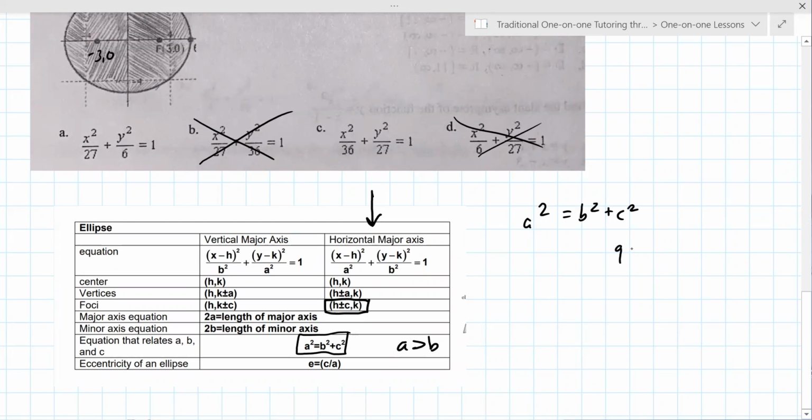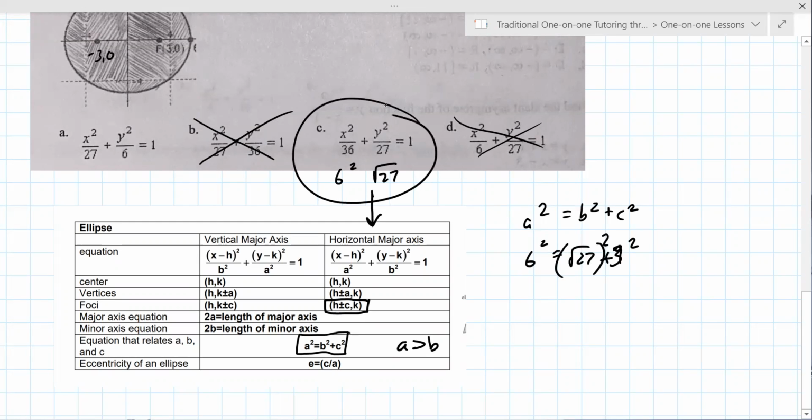So that's 3 squared, and then b squared, so this is 6 squared. This is the square root of 27. I don't know. There's a lot going on out here. So is this true? And it is. So it ends up being this one, but I don't feel like that's clear.